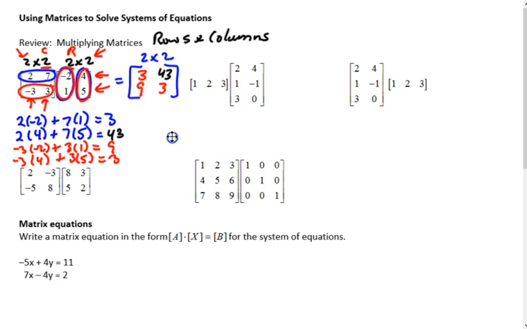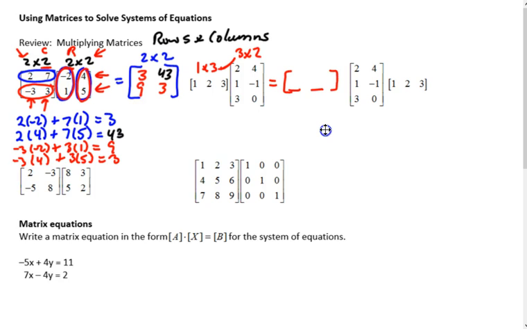Okay, let's do another one. I'll go through these a little more quickly. Remember, it's rows times columns. This is a 1 by 3 matrix, and this is a 3 by 2 matrix. So this has 1 row and 3 columns, and this has 3 rows and 2 columns. Since the inner dimensions match, I can multiply these matrices. The resulting matrix is going to be a 1 by 2 matrix, with 1 row and 2 columns, so there are going to be 2 entries.